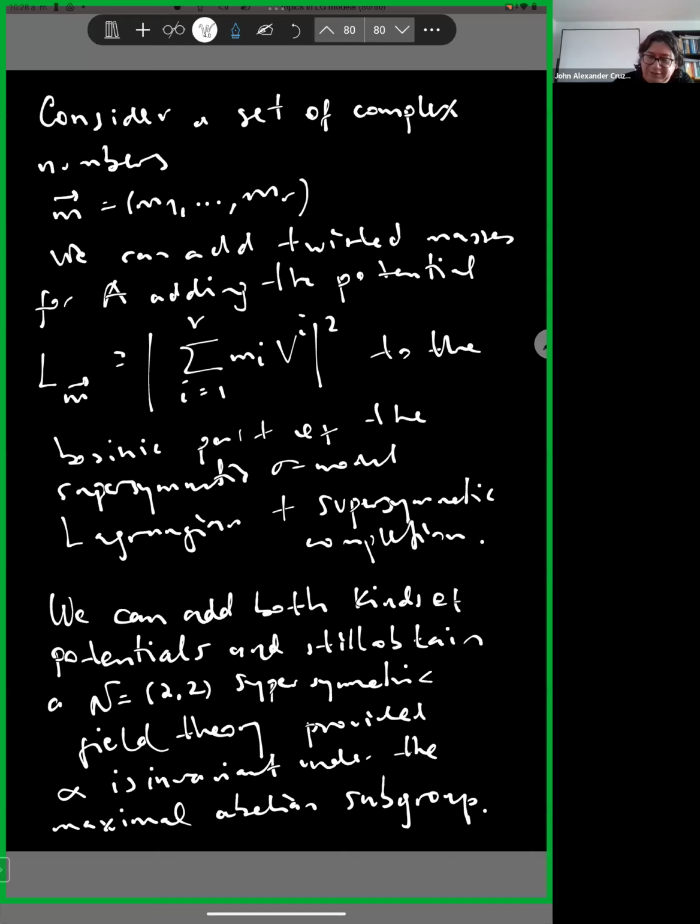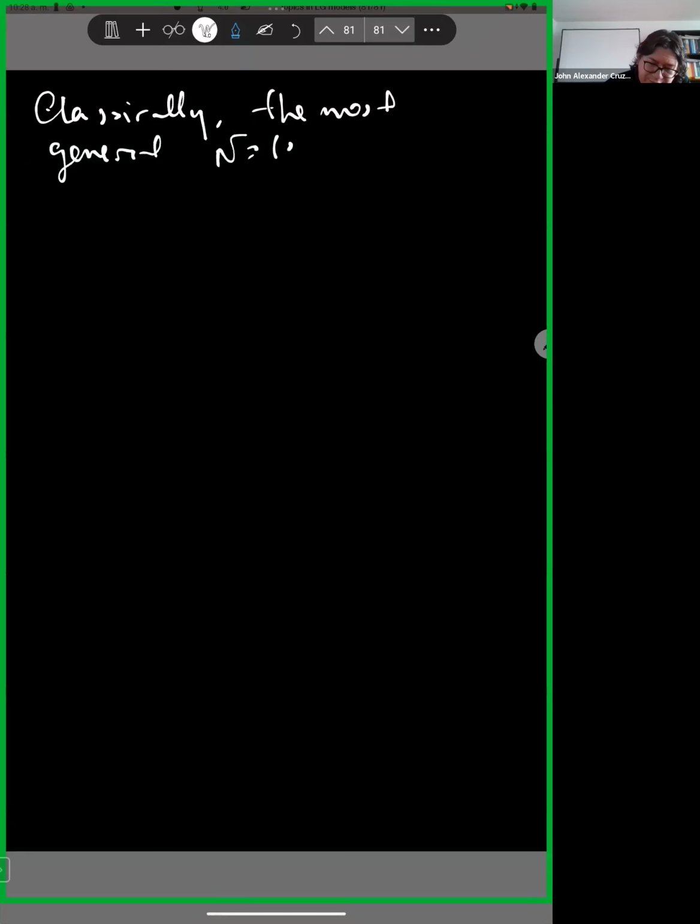So we can do this kind of thing. This leads to the following. So the most general, classically, N equal to 2 sigma model is specified by the following data.